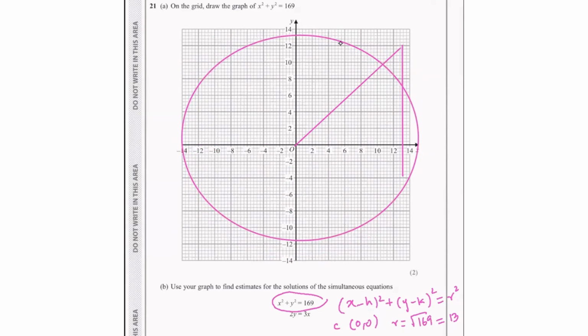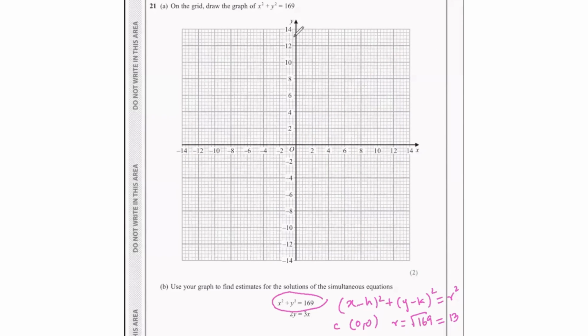This is not correct, but because this is 13 over here, this is 13 over here, and this is your center, 13 over here and 13 over here. These are your 4 points. So using your protractor, you can just make your circle. Almost there. It's going to be something like this.